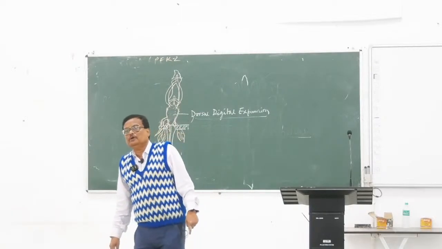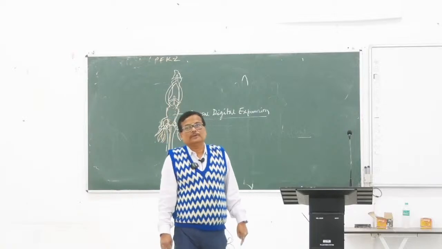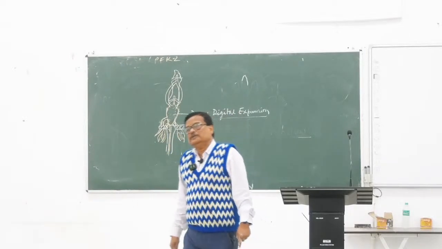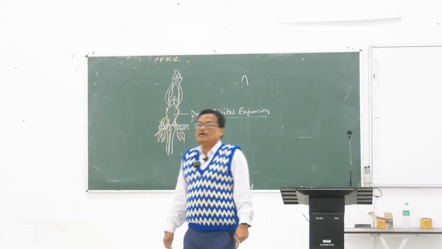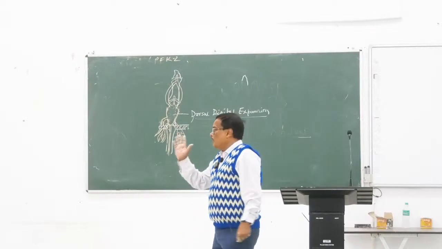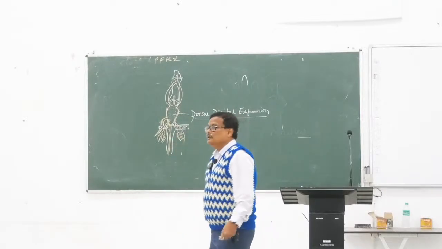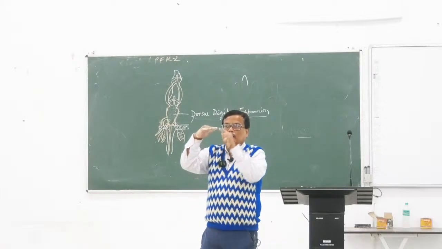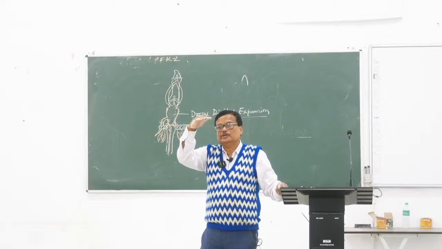So what are the wing tendons? The interossei and lumbrical muscles, as they look like a wing to the dorsal digital expansion. The function of these lumbricals and interossei is flexion of the metacarpophalangeal joint and extension of the interphalangeal joint.